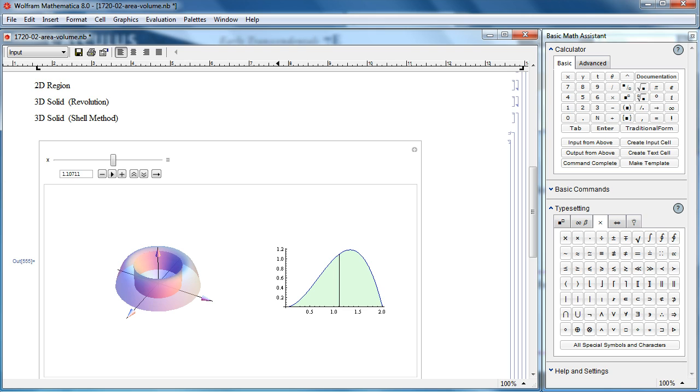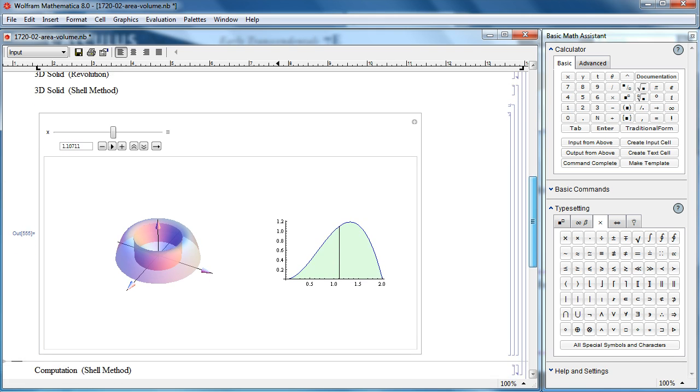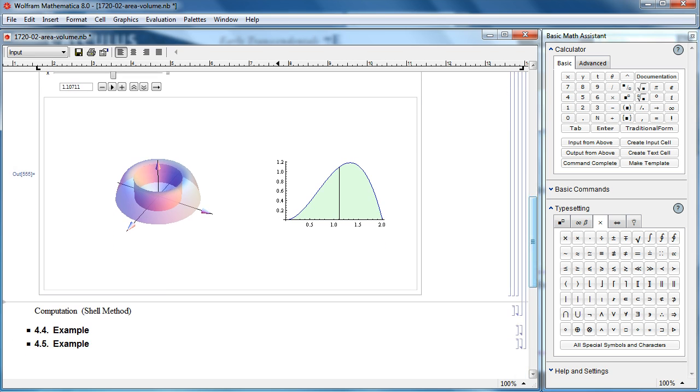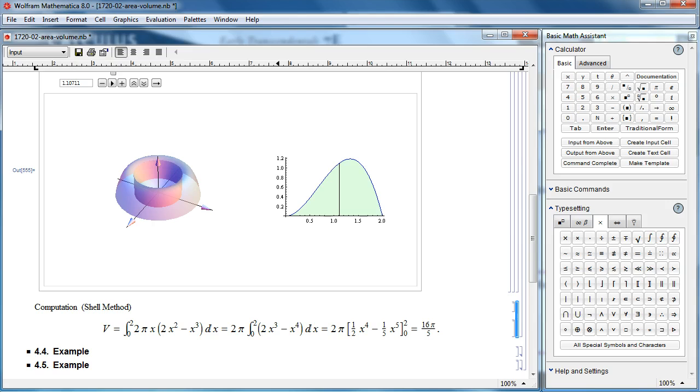This looks like a line segment, but you have to understand it as a very, very thin rectangle, with delta x so small that it looks this thin. Rotate it around the axis, and we have a cylindrical shell with infinitesimal thickness. Then summing them up, we get a Riemann sum, and we have a computational formula like this.